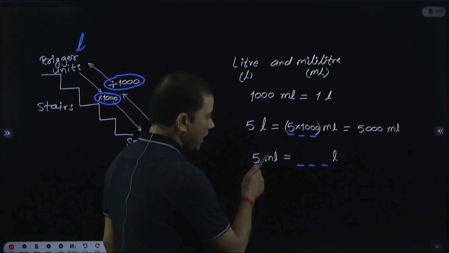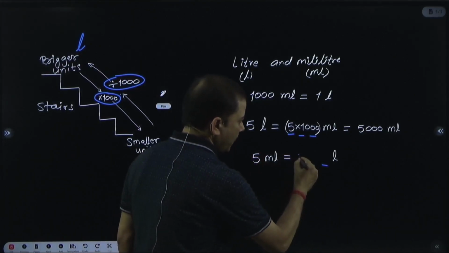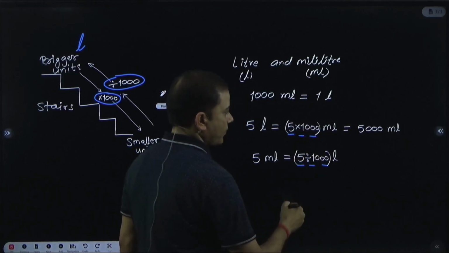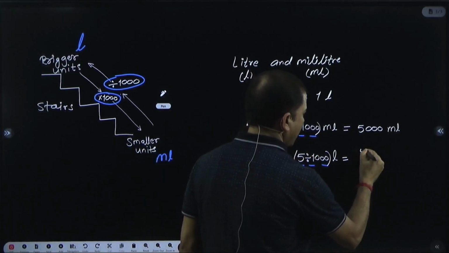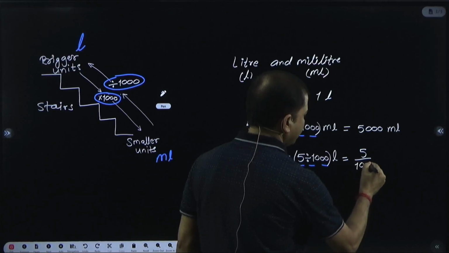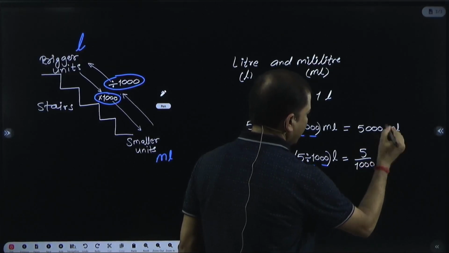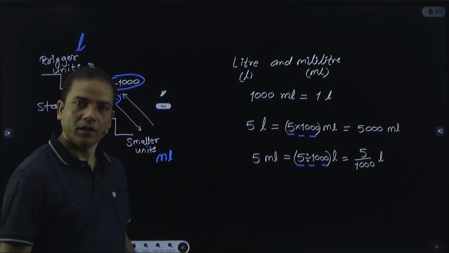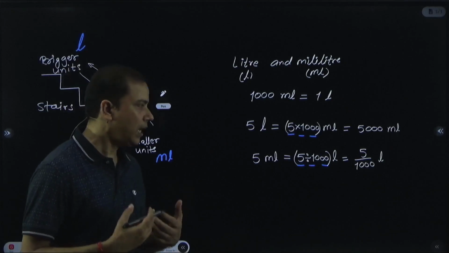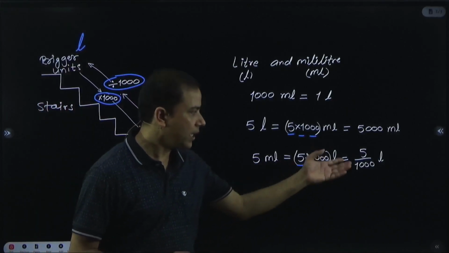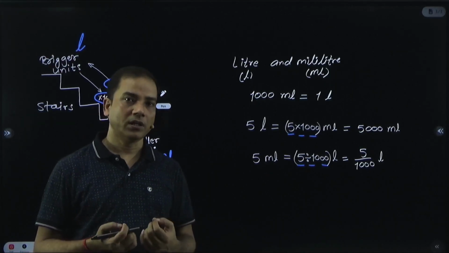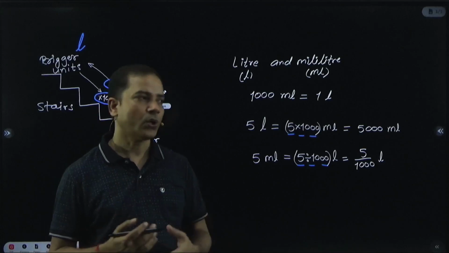So the number 5 will be divided by 1000, which can be written as 5 upon 1000, and this is liter. As on the previous page, we have seen we can change it into decimal in two different ways.